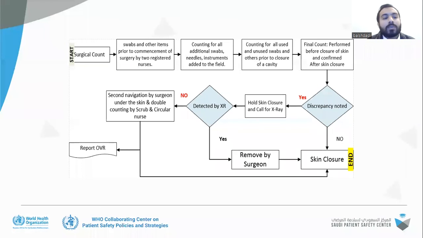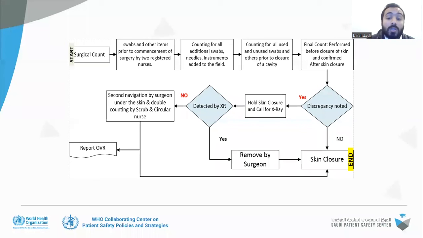If we start from the surgical count prior to the surgery, swabs and other items should be counted by 2 registered nurses. Then whatever additional swabs, needles, instruments are added to the field should also be counted. Then count all the used and unused swabs. And then the final count, this is the fourth time, performed before the closure of the skin and confirmed after skin closure.